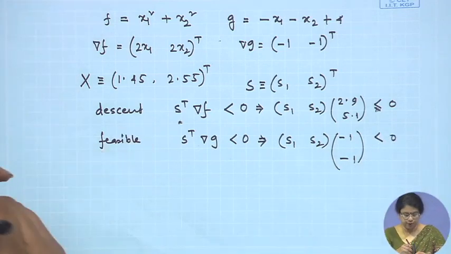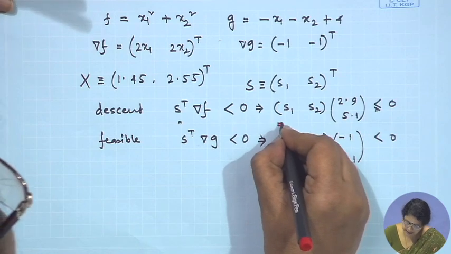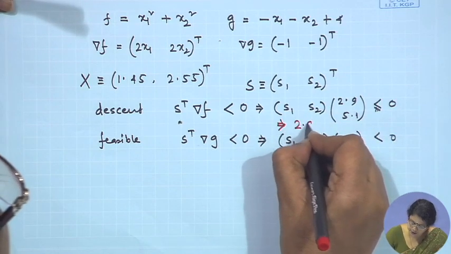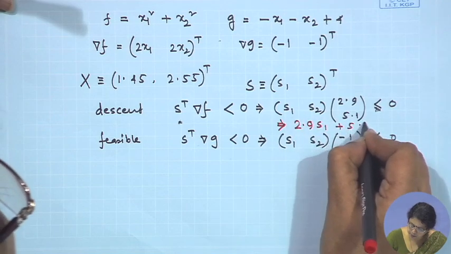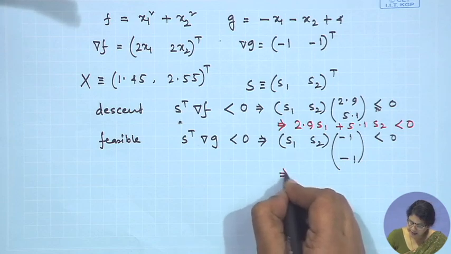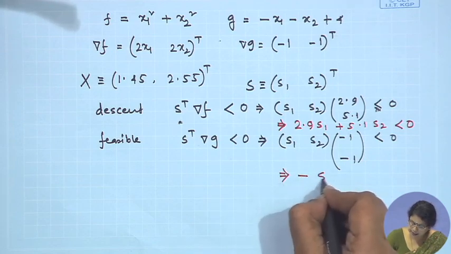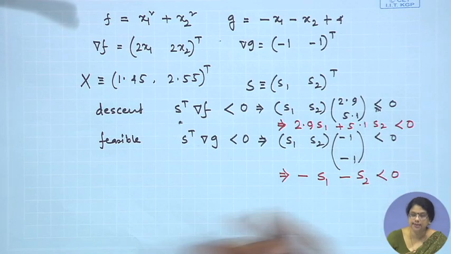So the descent direction is that direction where 2.9 S1 plus 5.1 S2 must be less than 0, and the feasible direction is minus S1 minus S2 less than 0.